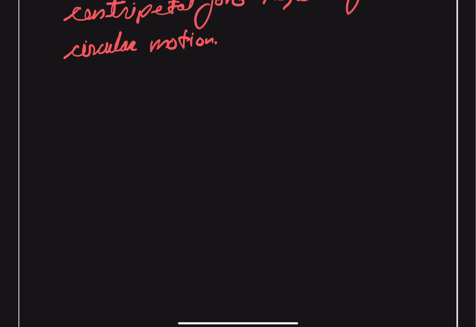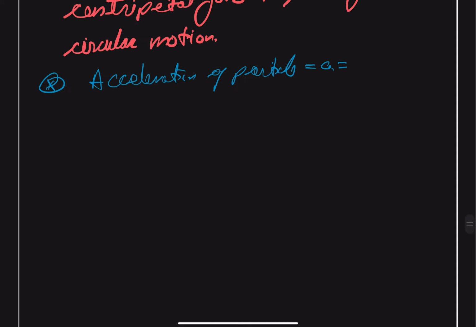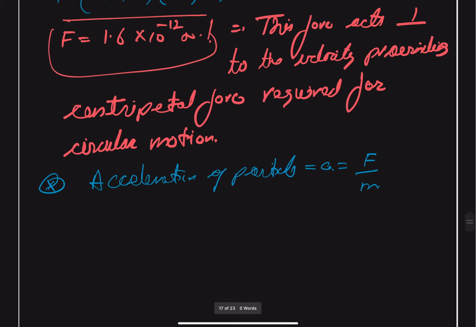Now we can find out the acceleration. Acceleration of the particle, if it is given as A, then A will be equal to force divided by the mass, and the force we just calculated is 1.6 into 10 to the power minus 12.